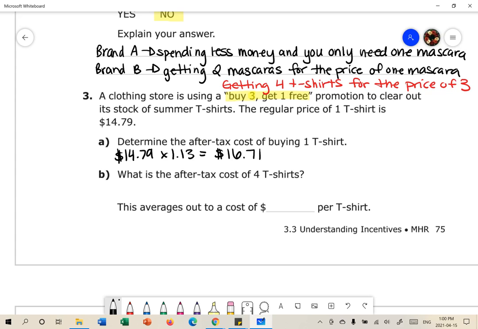What is the after-tax cost of 4 t-shirts? Now remember, you're paying for only 3. So I'm going to take my $16.71 and multiply it by 3 and not 4, because the 4th one is free. So that's $50.13.